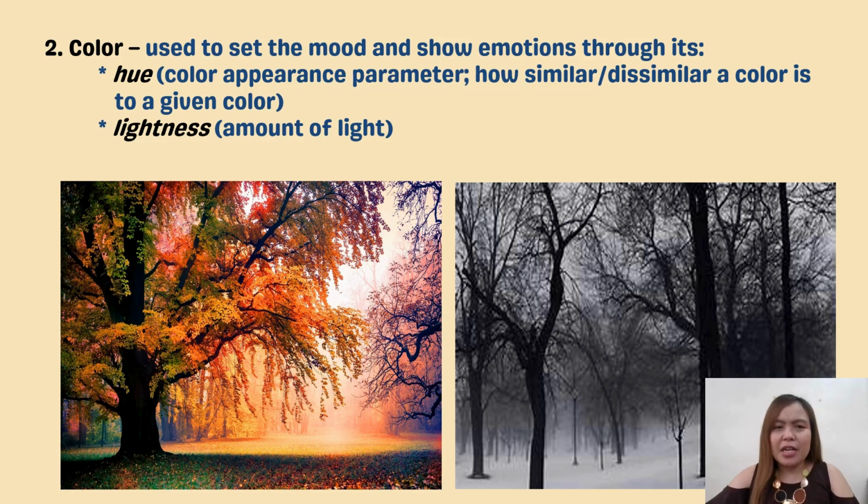For example, in the first picture, how yellow and how green are the colors of the leaves on this big tree. And take a look at the amount of light. Although the focal point in the first picture is a big colorful tree, you cannot help but draw your attention likewise to that at the back because of the amount of light that seems to appear from the back. It gives a feeling of mystery and wonder.